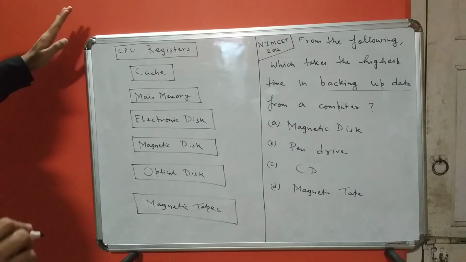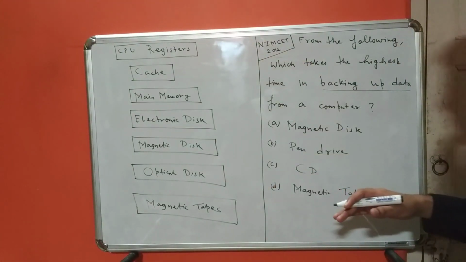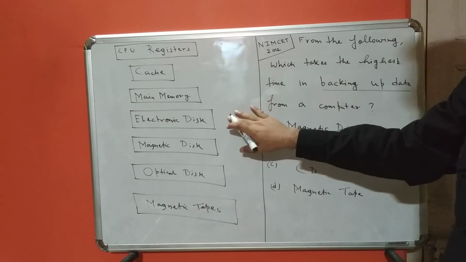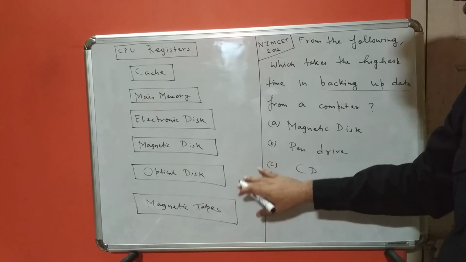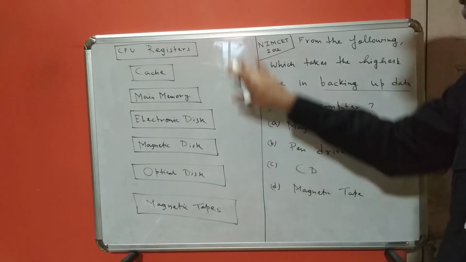This is generally the storage structure hierarchy that is used in most computer systems. So right at the top is CPU register, then cache, main memory, electronic disk, magnetic disk, optical disk and magnetic tapes. Now what is the reason for arranging these blocks in this order?